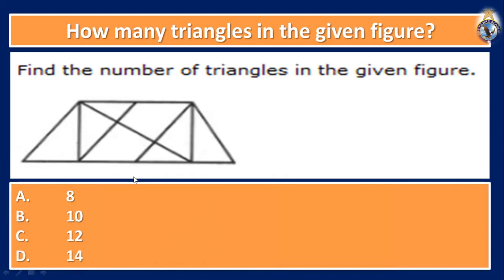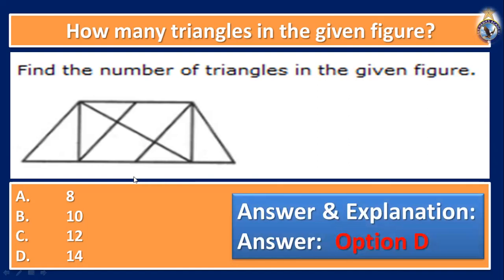So your choice is 8, option A. Keep on this choice. We will see what is the correct answer, and then we will explain how we can count all the triangles in this figure. Let's see which is the correct answer.